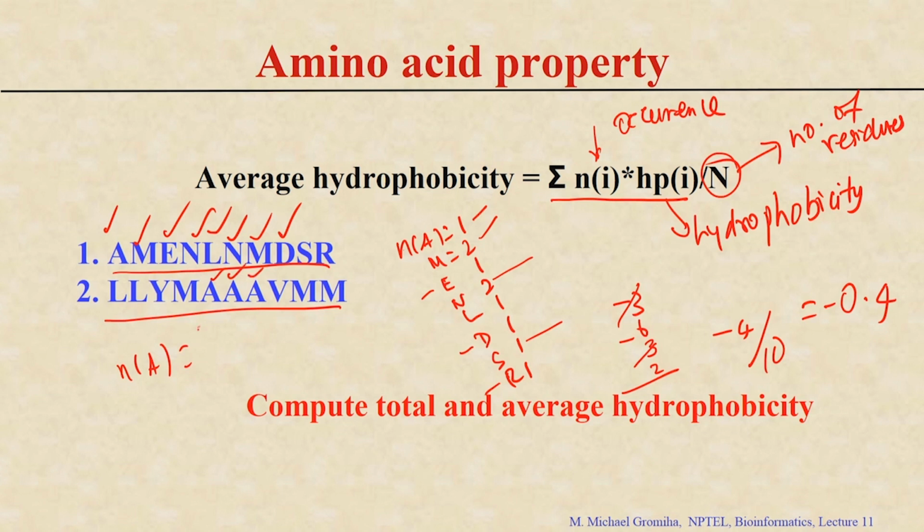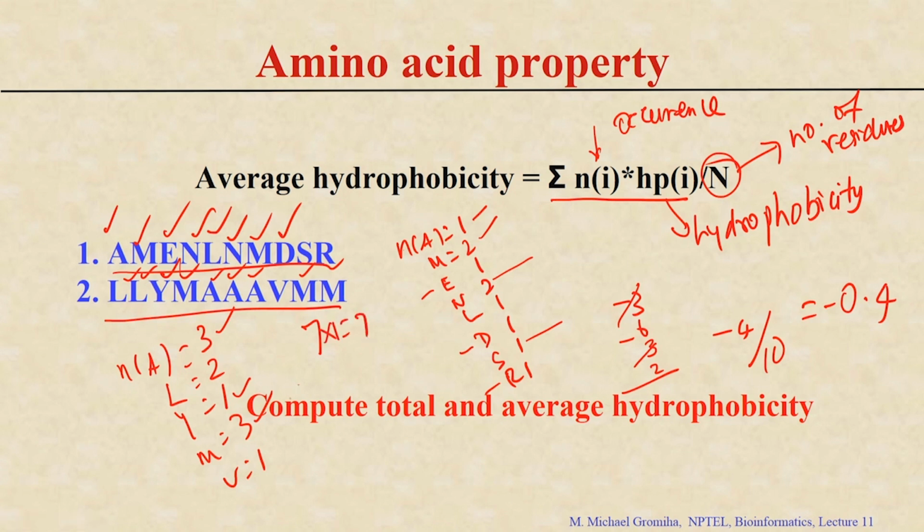1 2 3, L 2, Y, M 1 2 3, and V 1. Now, A C G M Y: 3, 6, 7, so 7 into 1 equals 7.